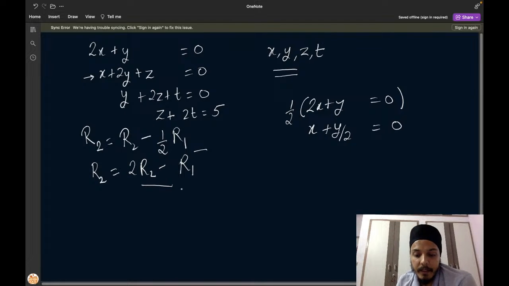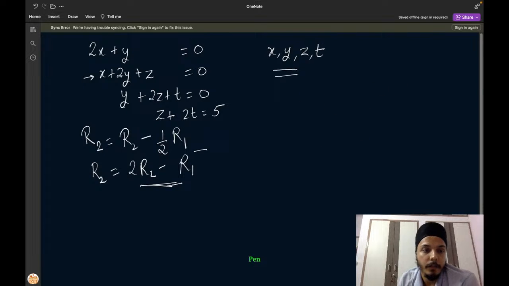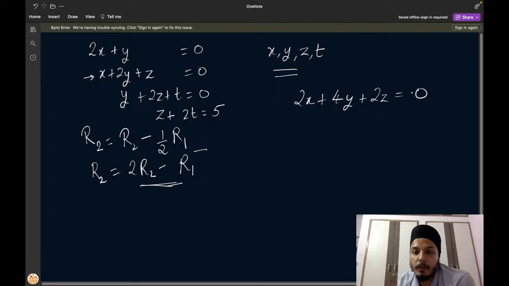So this time let us do our second option, that is 2 times R2 minus R1. Multiplying by 2, we get 2x plus 4y plus 2z equals 0.